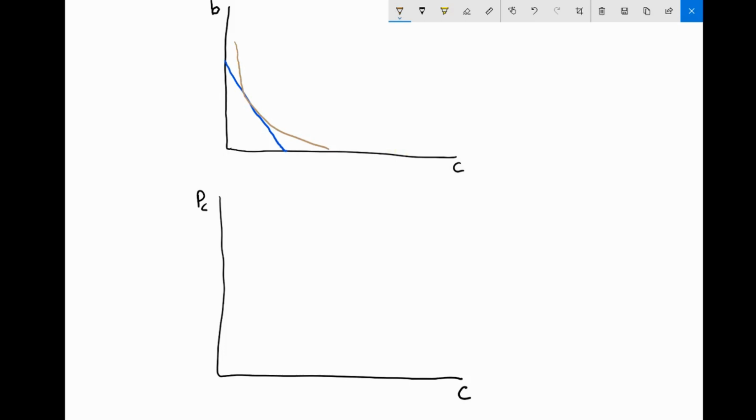And in this case, people will choose the bundle, we'll just call this the bundle capital A. I'm going to use these graphs to illustrate the idea behind the demand function. We're just going to illustrate it graphically.